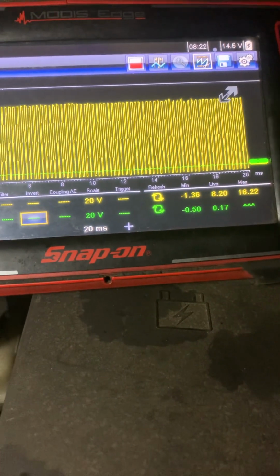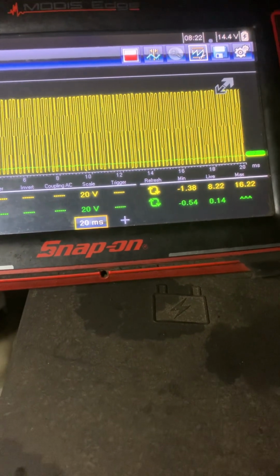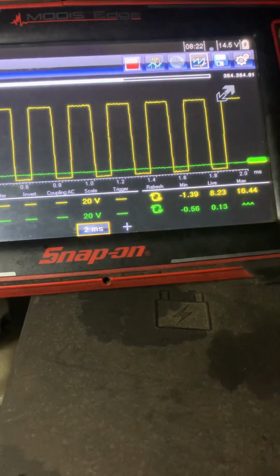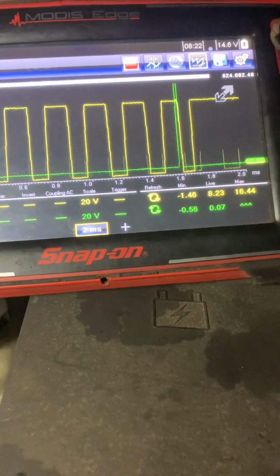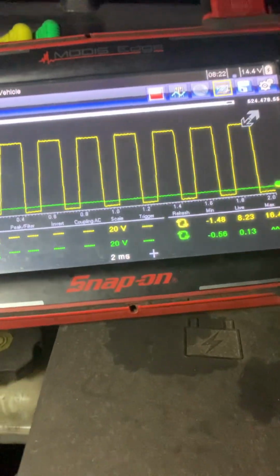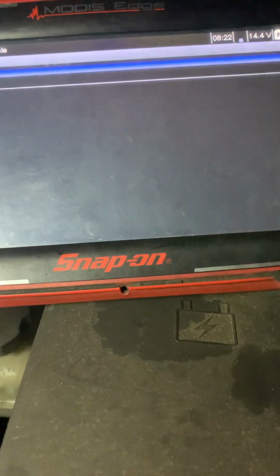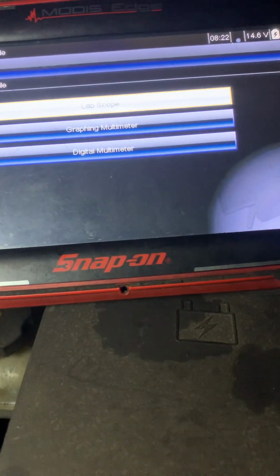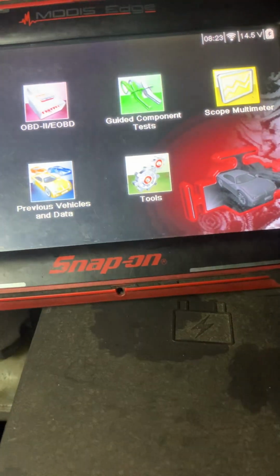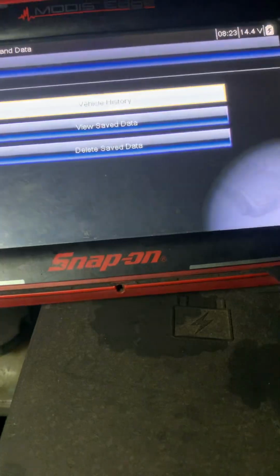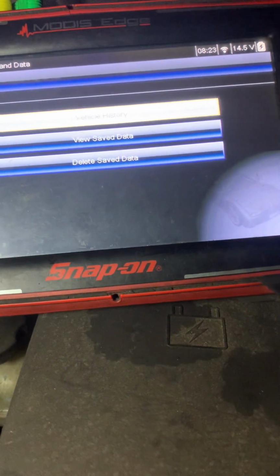Let's do a little bit more of a fine scale. Looks good to me. So now what we're going to do is clear the codes and look at the same pattern with the codes clear. This is the test to determine whether the high pressure pump is good or not.